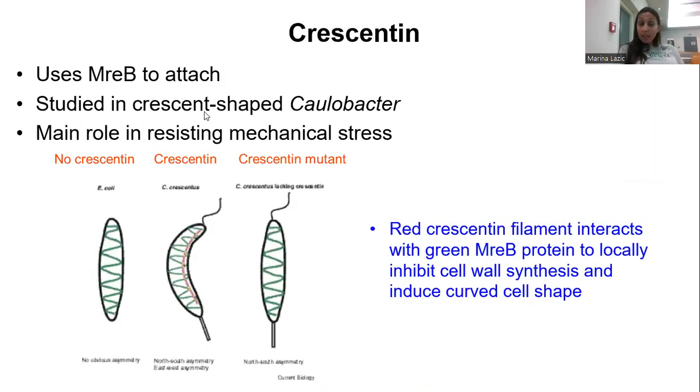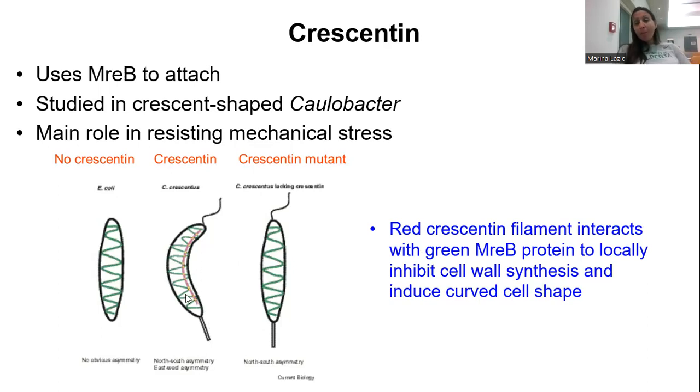Crescentin is a homolog to intermediate filaments. It uses MreB to attach, and it is very well studied in Caulobacter, a bacterium that has a stalk. There are many papers published, and we will talk about some of them later in the course. As you can see, crescentin goes all through the cell.